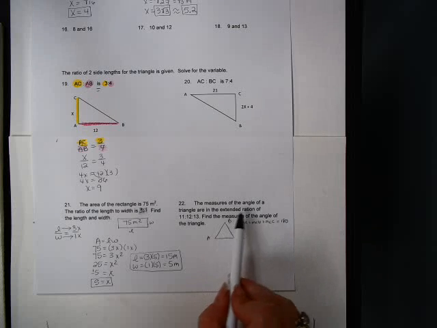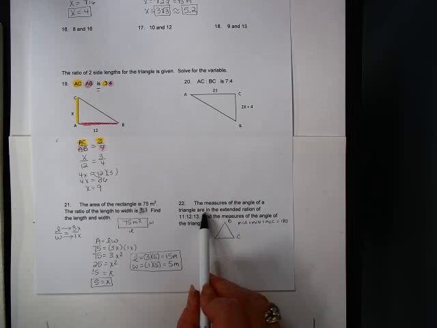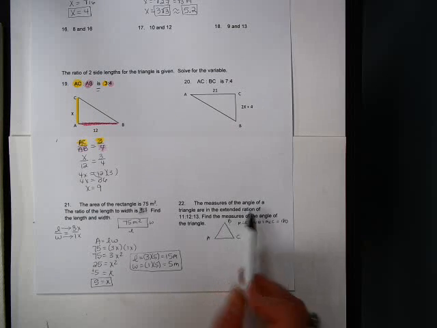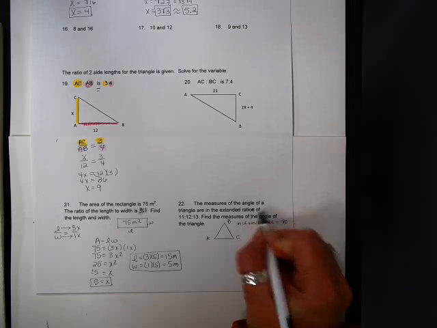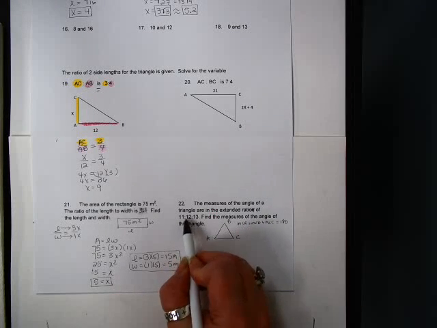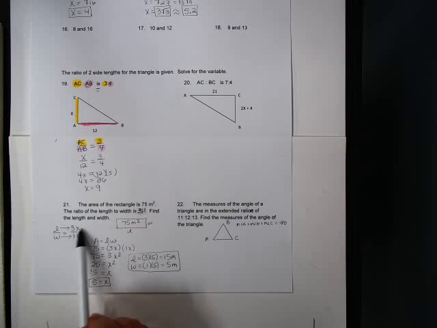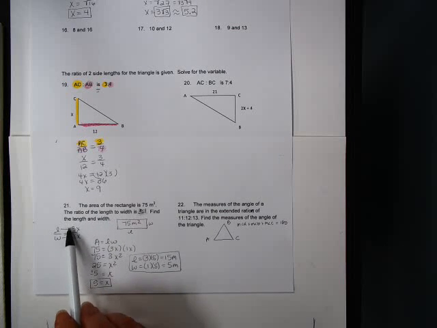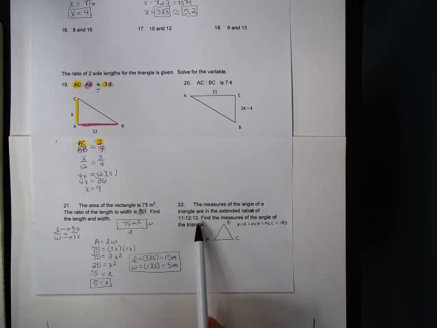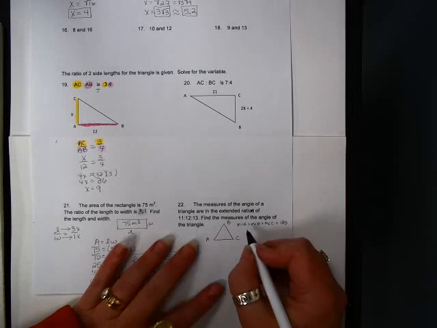It says the measures of the angles of a triangle are in the extended ratio of 11, 12, and 13. Okay, just like over here, when it was a ratio 3 to 1, I had to write 3x and 1x in my ratio. So over here, I'm going to do the same thing.